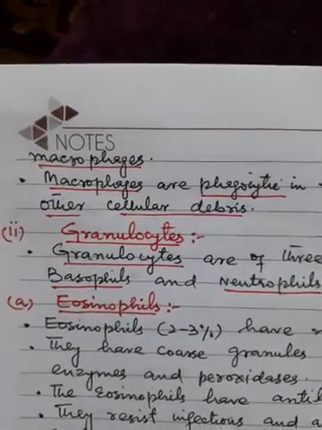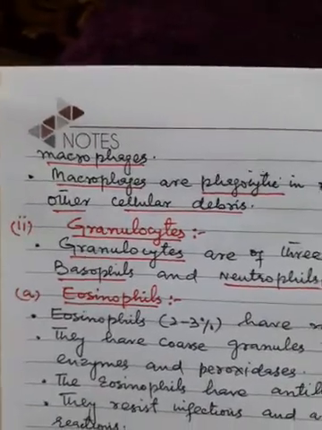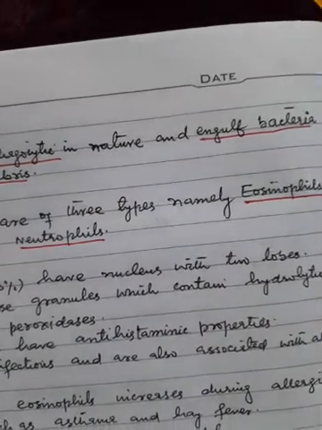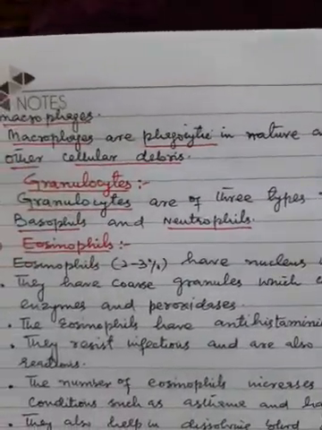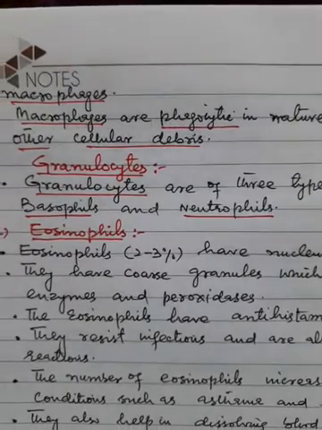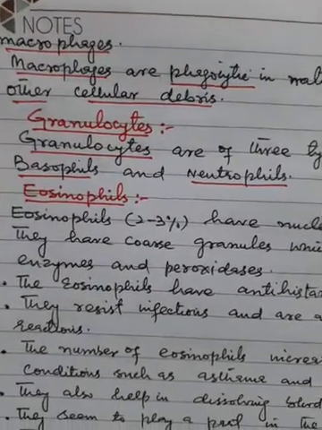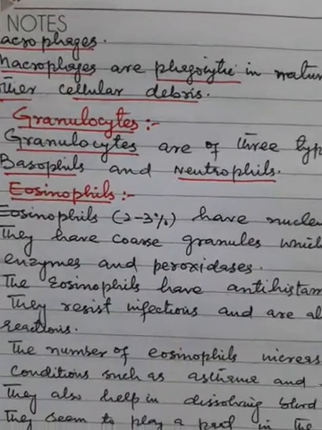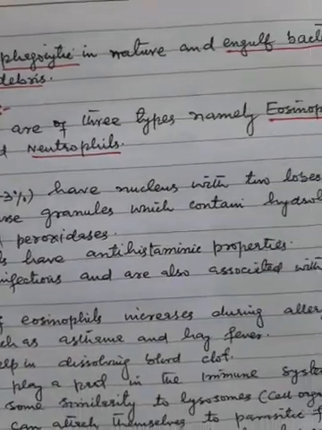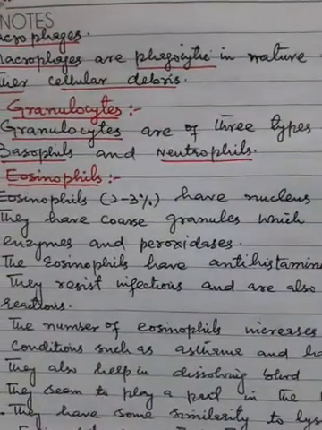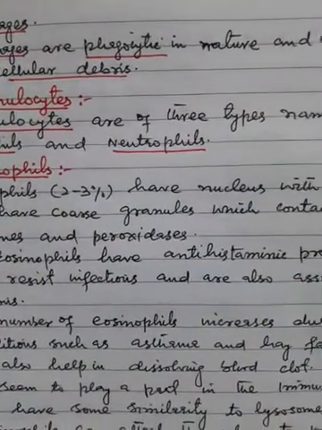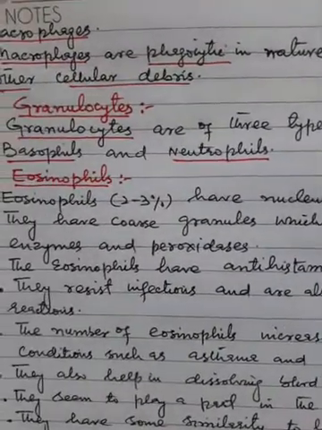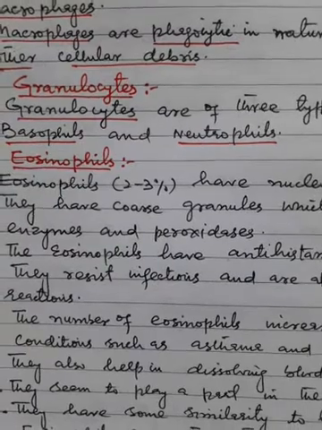Now, granulocytes. Granulocytes are of three types, namely eosinophils, basophils, and neutrophils. Now, eosinophils. Eosinophils, which are about 2 to 3%, have a nucleus with two lobes. They have coarse granules which contain hydrolytic enzymes and peroxidases.